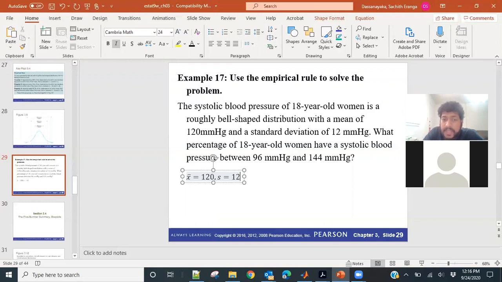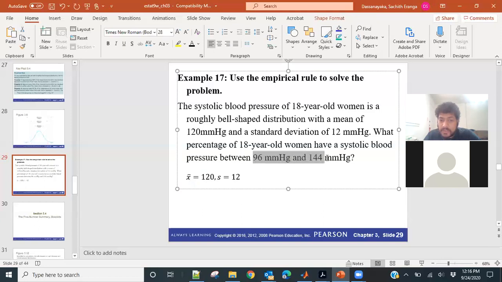So what percentage of these women have systolic blood pressure between 96 and 144? You have to find this percentage using the empirical rule. First of all, you should identify which standard deviation these given values lie between: one, two, or three standard deviations.